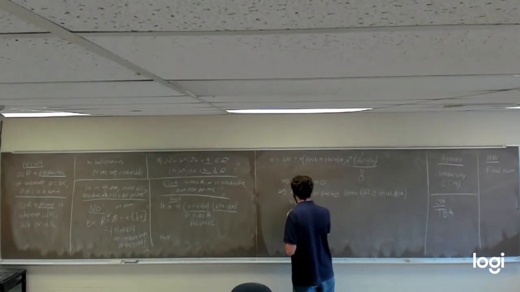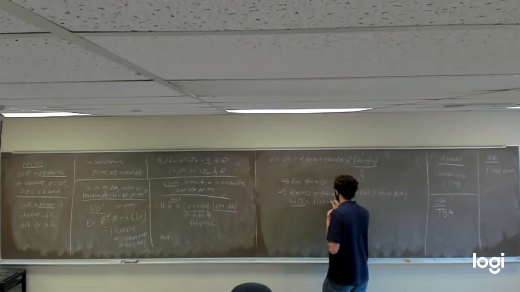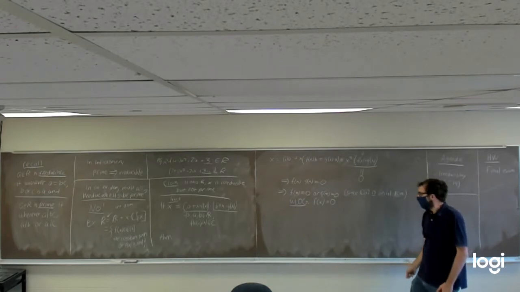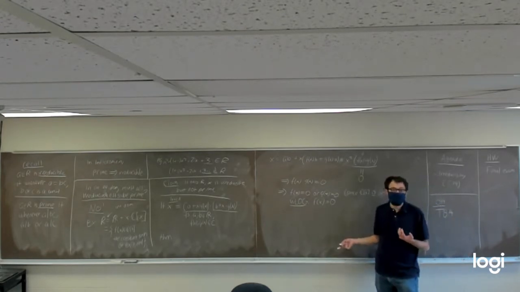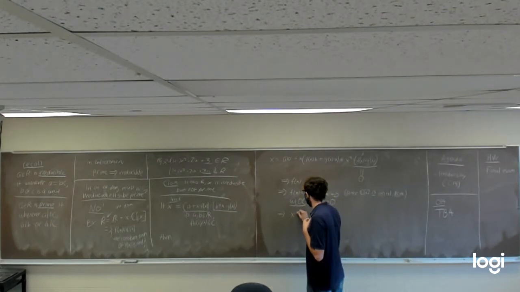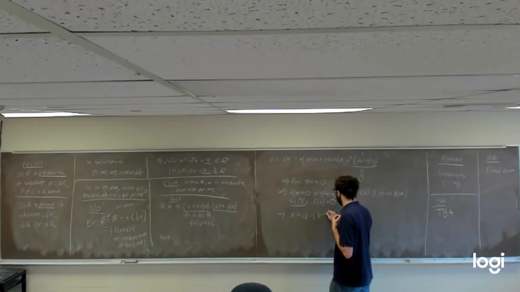So we're going to say, without loss of generality, f(x) is just plain old 0. Well, if f(x) is the 0 polynomial, then x has to be equal to a times (b + x g(x)).